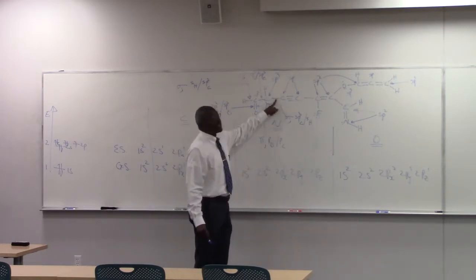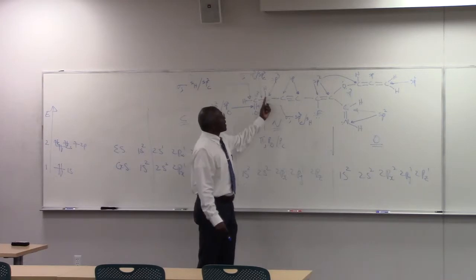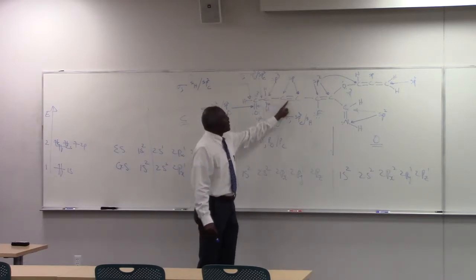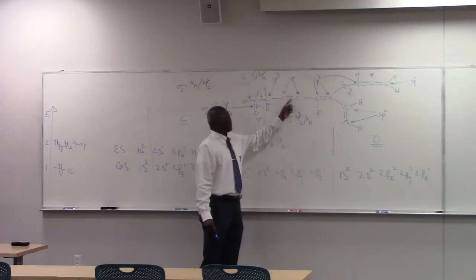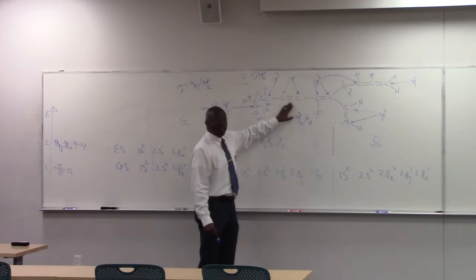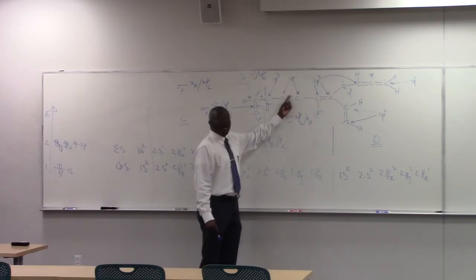This bond would be sigma, sp3 of carbon, sp of carbon. For this triple bond, one of them is sigma, the rest are pi. I'm just going to pick the bottom one as sigma: sp of carbon, sp of carbon. And then these two will be pi, p of carbon, p of carbon.